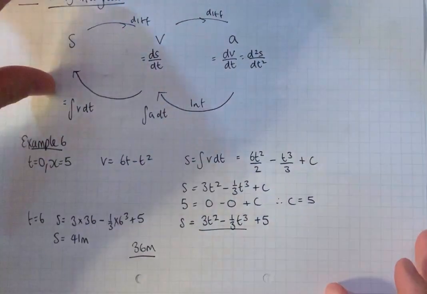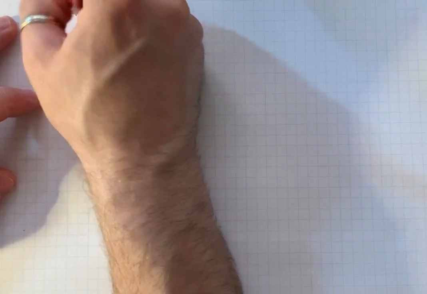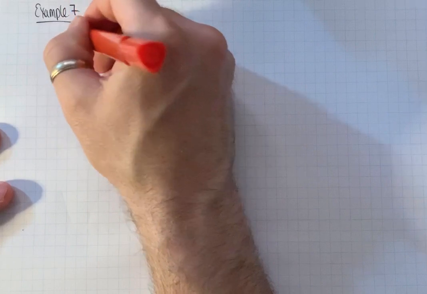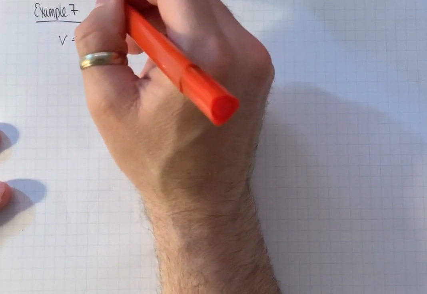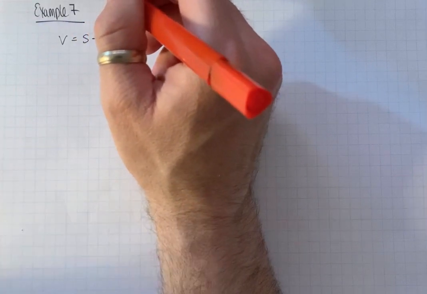Okay, on to example 7. Which says a particle travels in a straight line. After t seconds, its velocity is given by v equals 5 minus 3t squared. Find the distance travelled by the particle in its third second of motion.